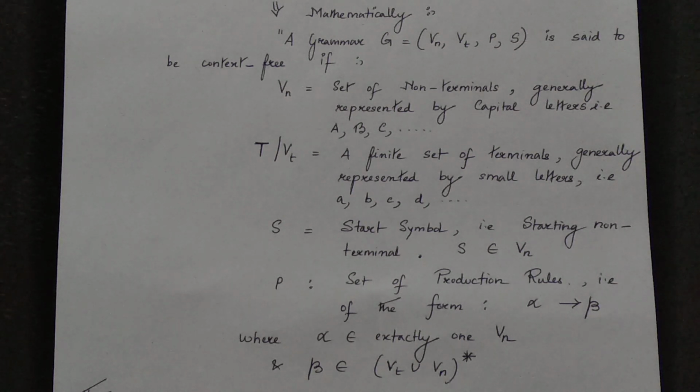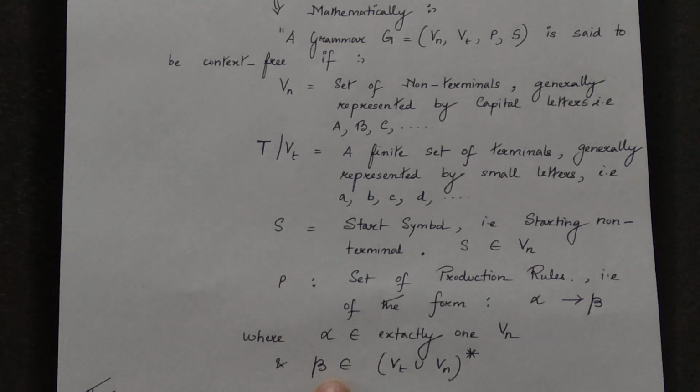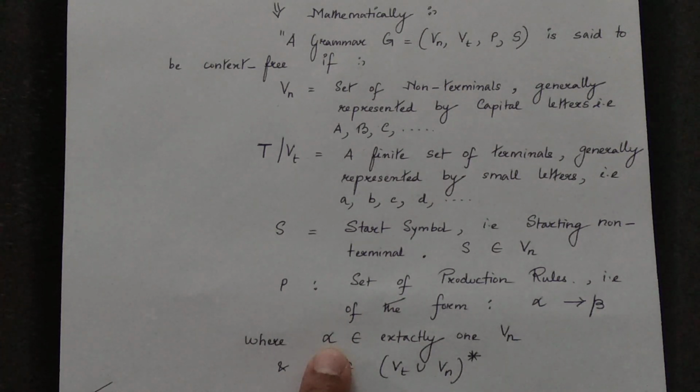P is your set of production rules, which is of the form you already know, alpha tends to beta. Here a small difference lies: the right-hand side, beta, belongs to (Vt union Vn) whole to the power star. But in regular grammar, alpha should have at least one non-terminal, whereas in context-free grammar, alpha always belongs to exactly one Vn.